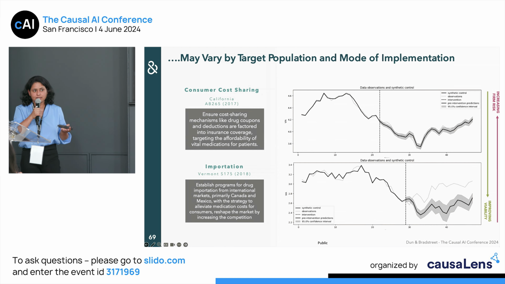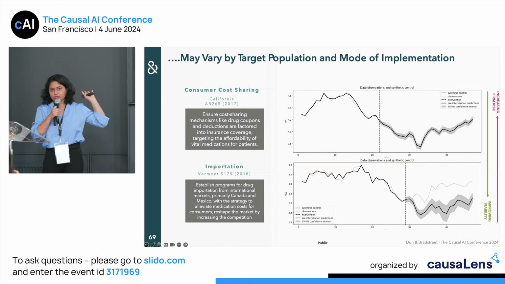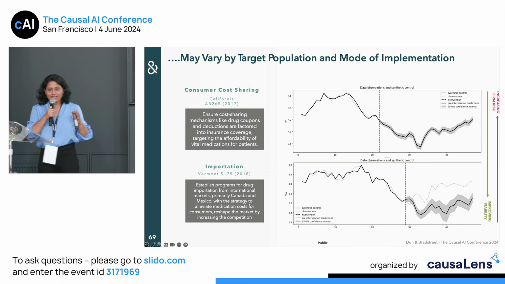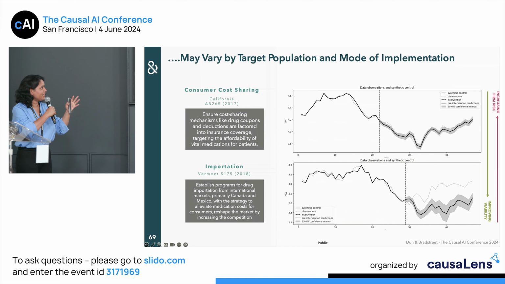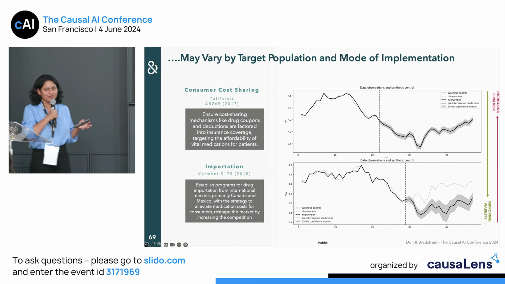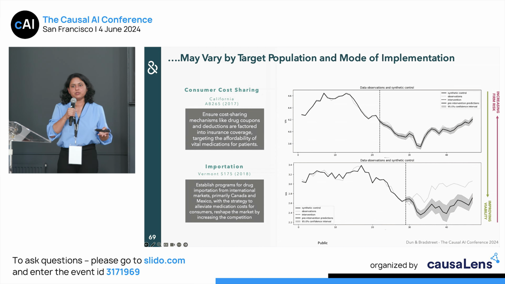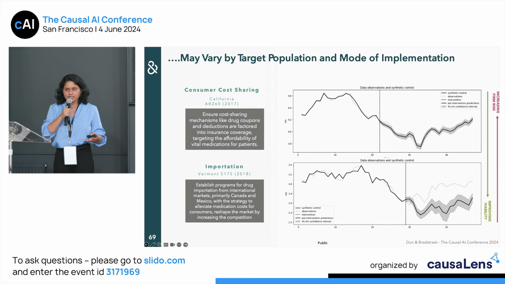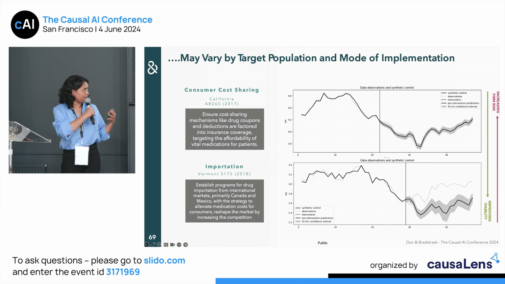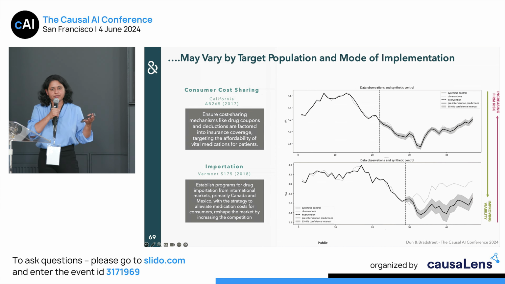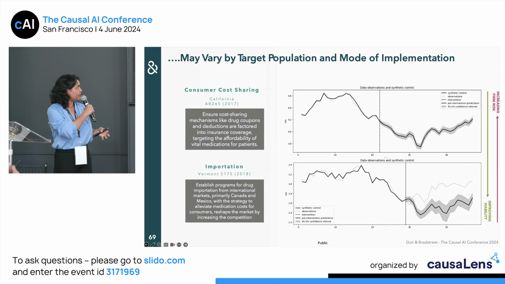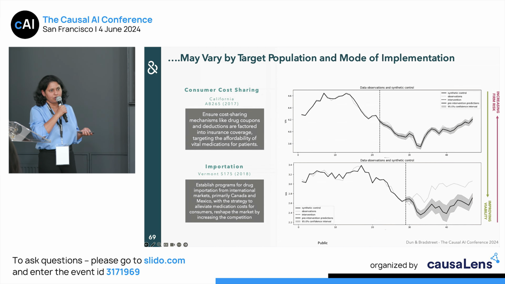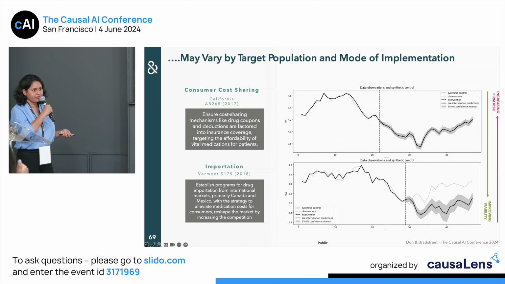So our case study showed our client. This is, of course, not the client problem. We had to create a fake problem to show here. But the problem we solved for the client, they were able to see that the mode of implementation and the body of the population of interest where it's being implemented also made a big difference in terms of these kinds of regulations.